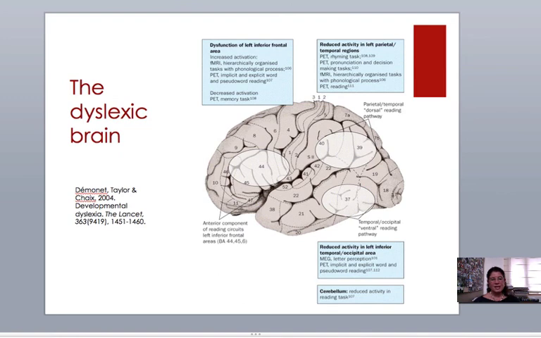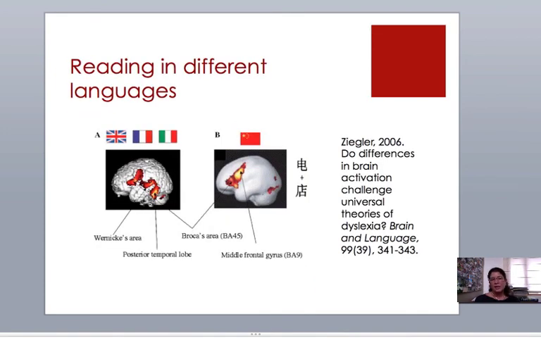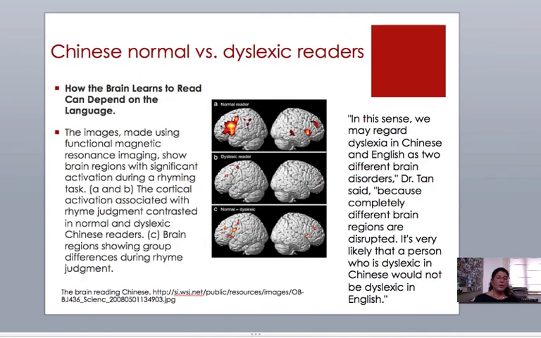The dyslexic brain, presuming that there's reduced activity in the posterior area of the brain related to dyslexics, we're not exactly sure why or how, and it's not true in all cases. When you're reading in different languages, we do see different use of different parts of the brain, sometimes depending on whether they're pictographs or not. For example, in some recent studies on Chinese dyslexics, and the Japanese also use the symbol system of the Chinese, right?